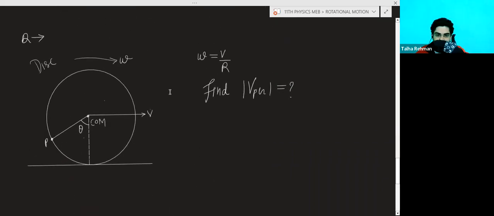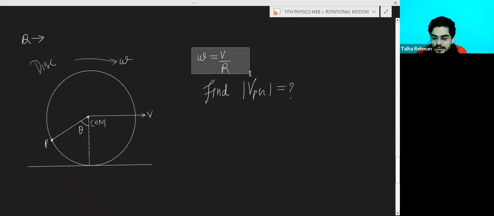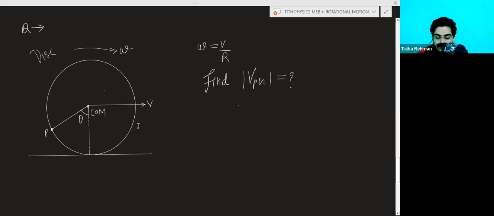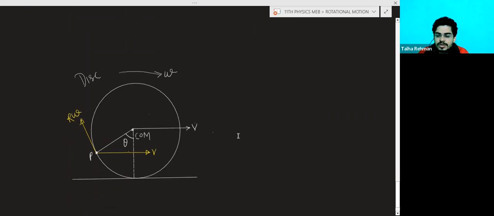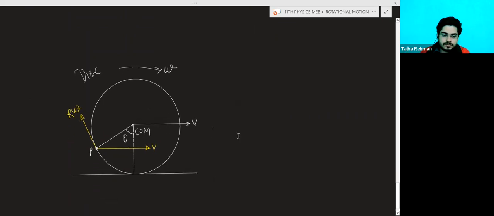And one more thing is given: omega is equal to v by r. So v is equal to omega r, we can write easily. So this r omega you can write as v also.